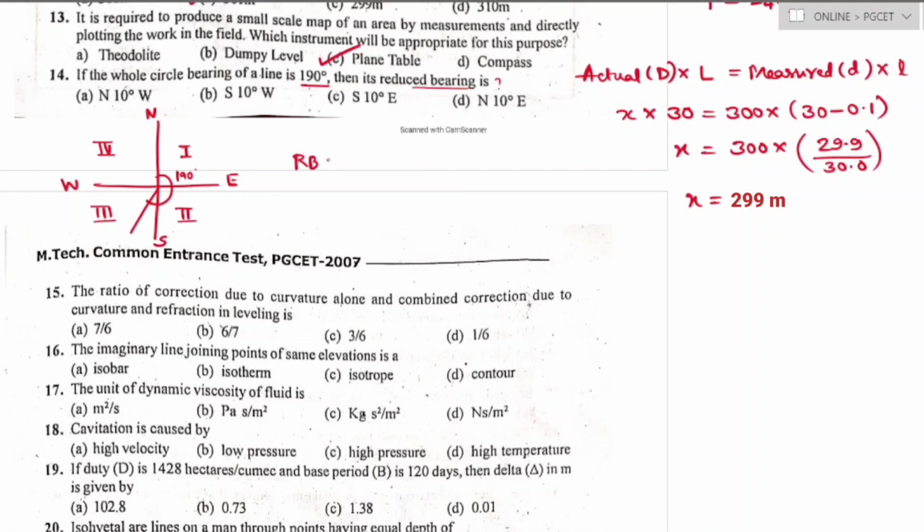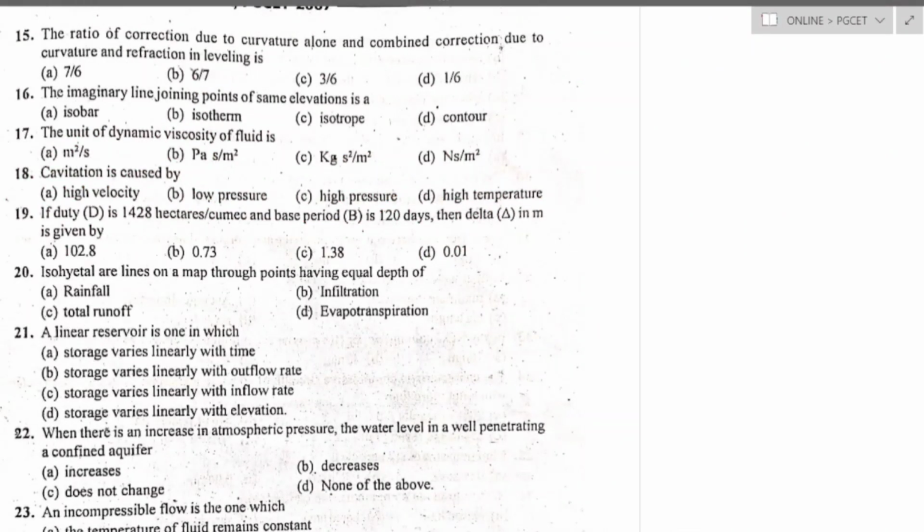So the reduced bearing will be south, whole circle bearing minus 180 degree, west, that is south 190 degree minus 180 degree west. So south 10 degree west. Option B will be the right answer, south 10 degree west.